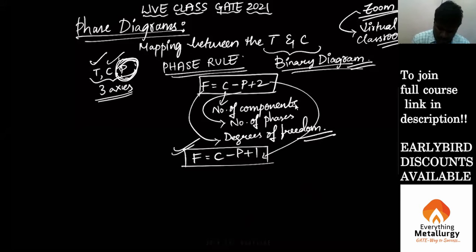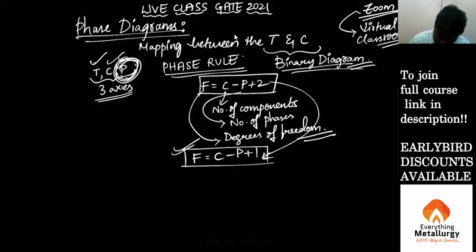One degree of freedom has been subtracted, as we are ignoring the pressure term while considering our experiments. So this is about the phase rule.